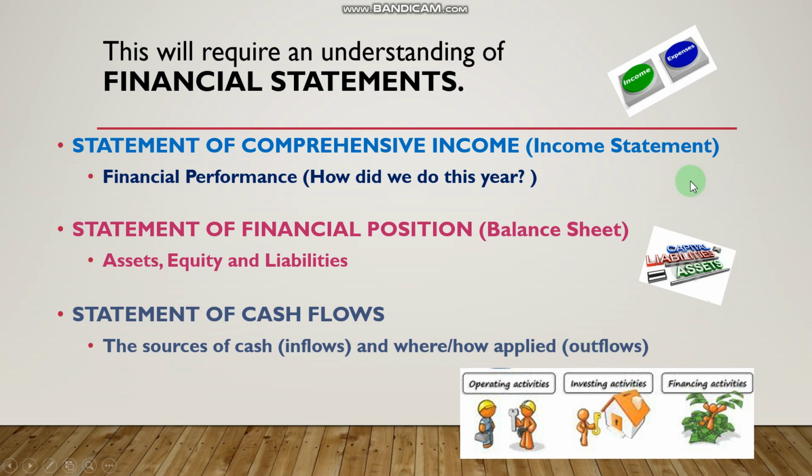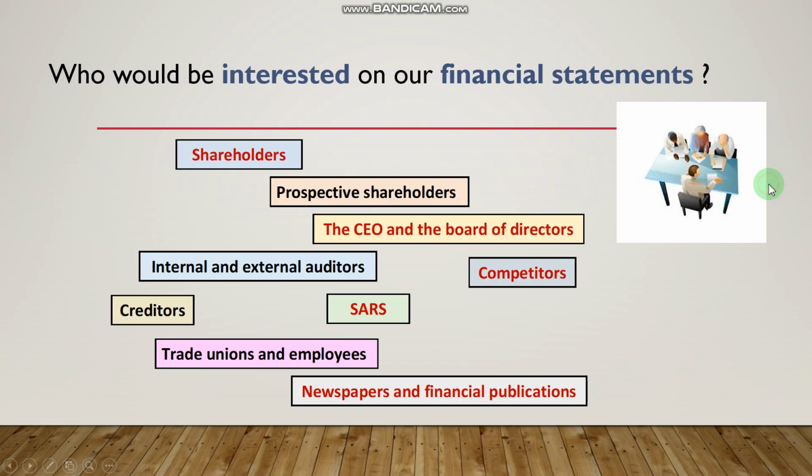You have done many examples of these financial statements, and at this stage you know exactly what information you are supposed to put into an income statement. The information will be different from what you would report in the balance sheet and also in the cash flow statement.